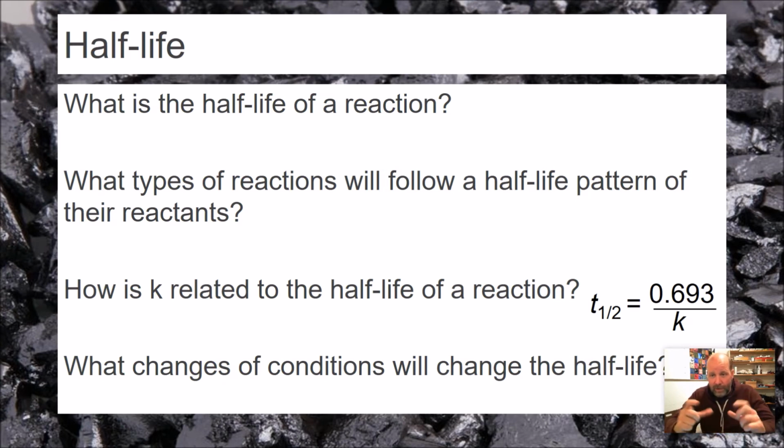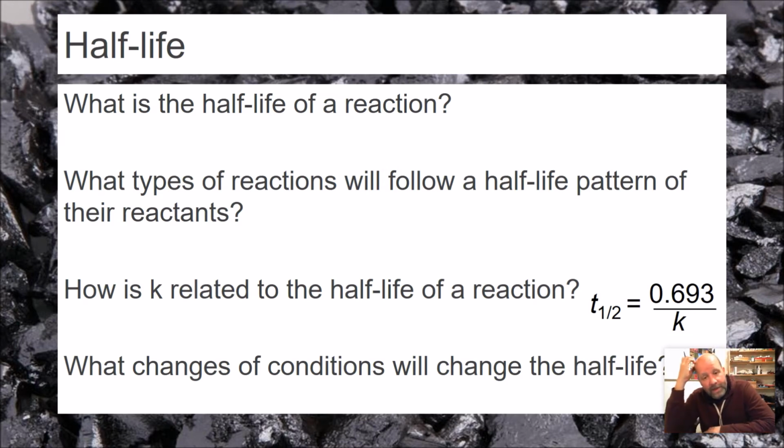Or if you have 2 reactants, one of them is going to have a 0 order impact on the reaction rate, and those I said are pretty uncommon. So to get a first order reaction, you have to have basically one reactant. That's almost always the case. So this is a decomposition reaction, because that's the kind of reaction that only has one reactant. So half-life pattern, first order reactions.